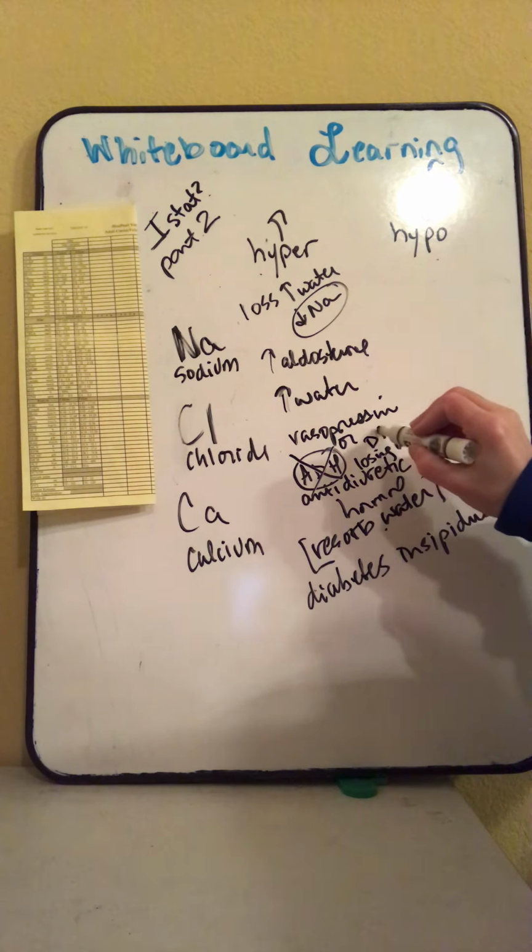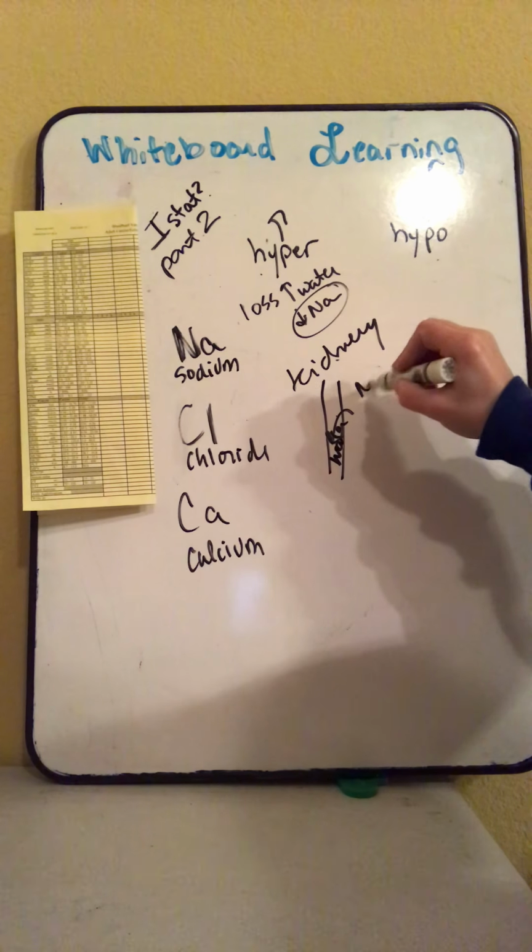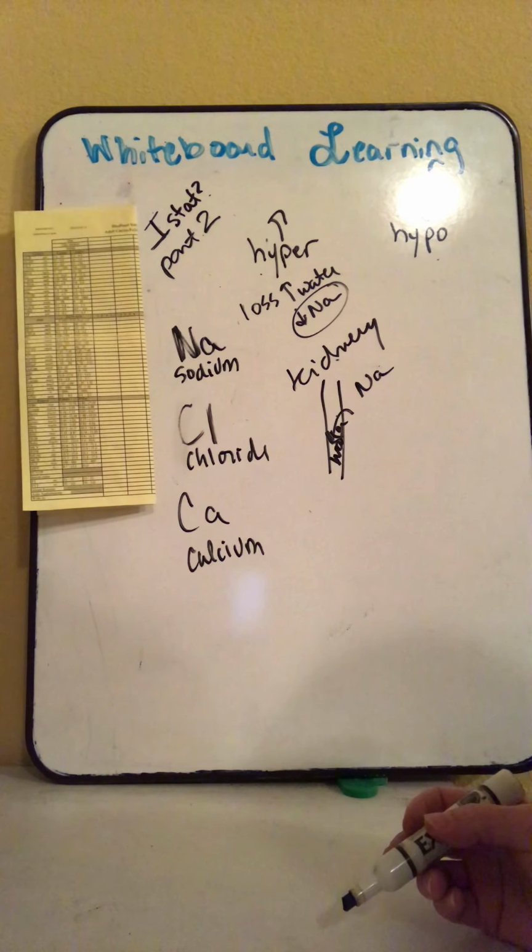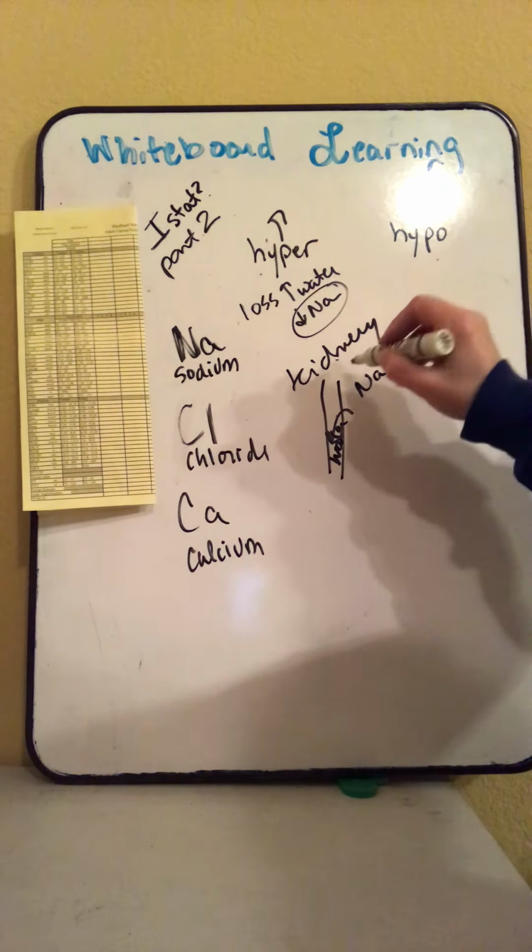More commonly, though, for increase of water loss, it's not a hormone problem, it's a kidney problem. And so the kidney will be mostly dysfunctioning in the resorption of water, but still keeping the sodium. And it's just where the damage is. So you can have renal failure cause this, also diabetes.